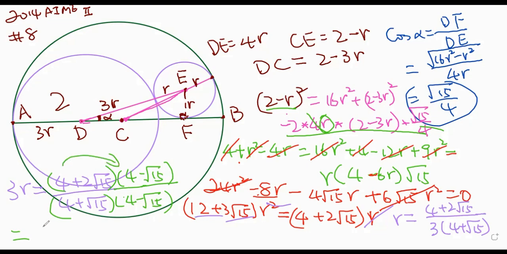Now we got 16 minus 4 square root of 15, and then that's plus 8, right? That's 8 times square root of 15, and then minus 30, right?